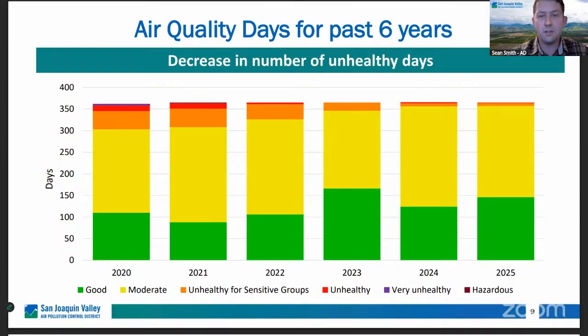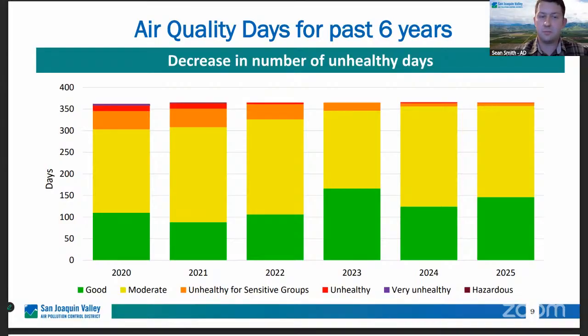As you can see, across the good, moderate, unhealthy for sensitive groups, unhealthy, very unhealthy, and hazardous categories, more and more days from 2020 to 2025 are good or moderate. And we've reduced the number of unhealthy for sensitive groups, unhealthy, very unhealthy, and hazardous days.